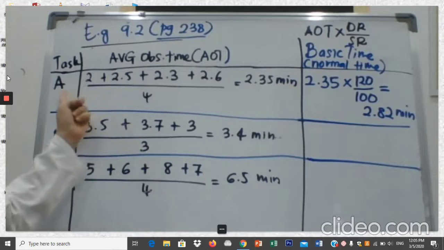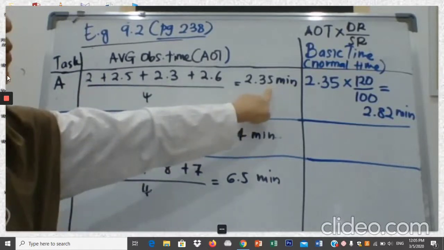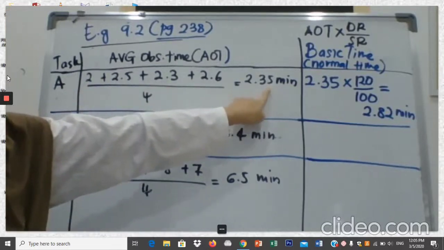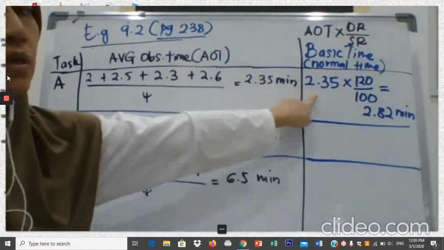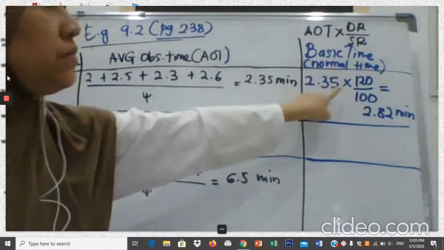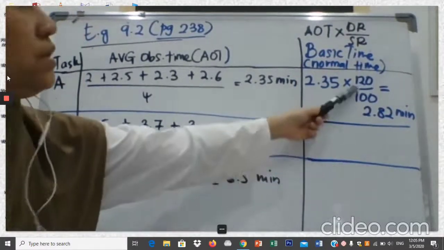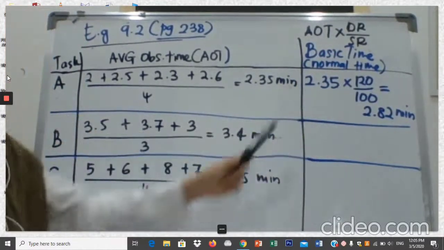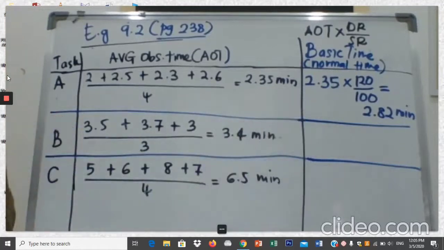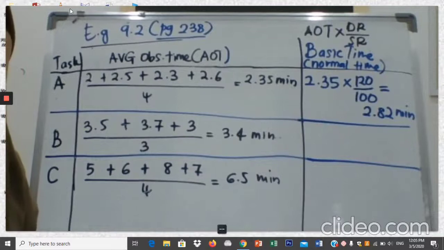For task A, we take the average observed time we calculated earlier, 2.35, multiplied by the observed rate given for task A, 120, divided by the standard rate, 100. In the end we get 2.82 minutes.